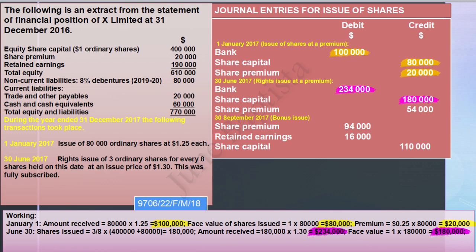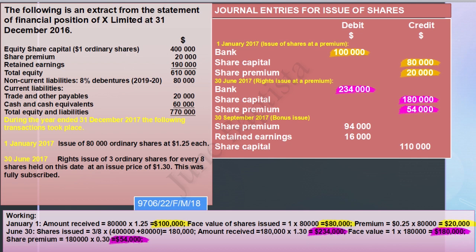In the working, to calculate the share premium received on the 30th of June, we will multiply 180,000 times 30 cents to give us $54,000. Therefore, in the journal entry on the 30th of June, the share premium account will be credited $54,000.